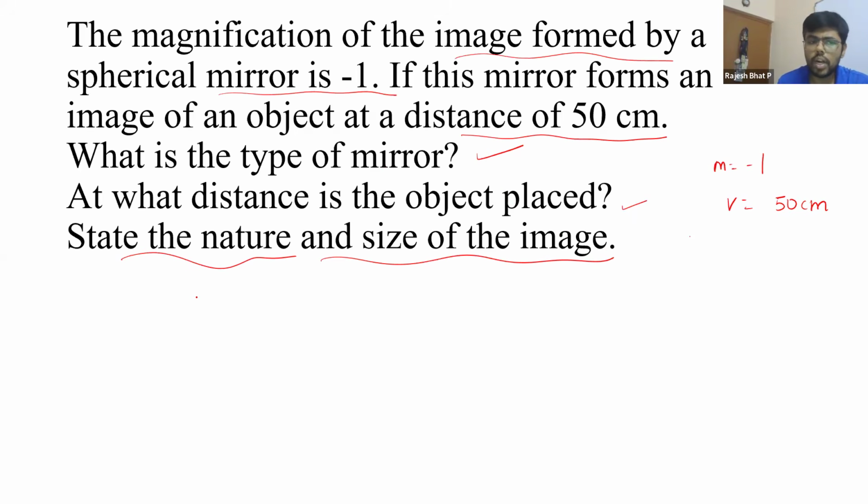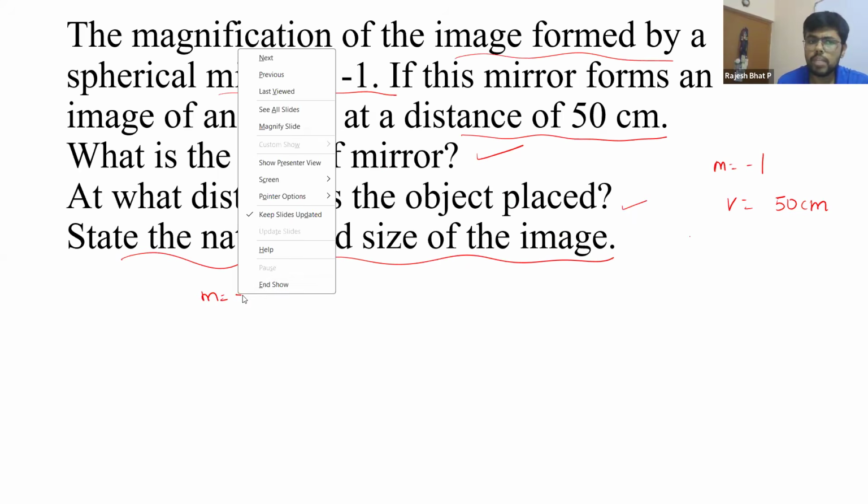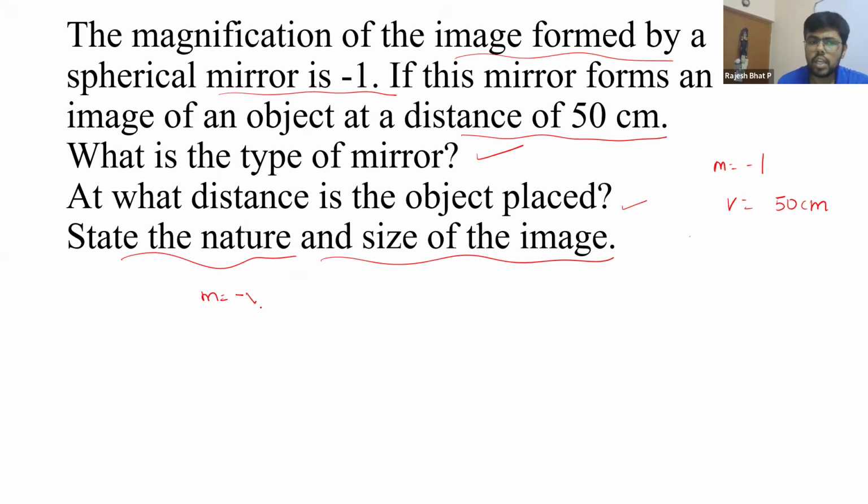See, go back to our basics. For a mirror, M is equal to minus V by U. This is the formula. M is -1, which is given. V is 50 itself, since it forms an image at 50 centimeter.